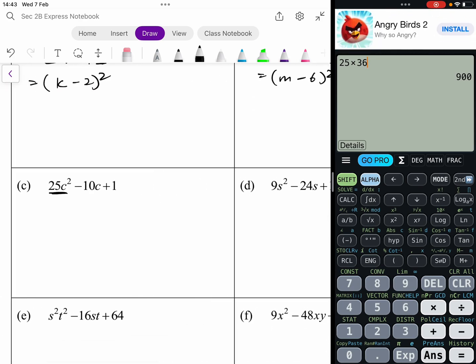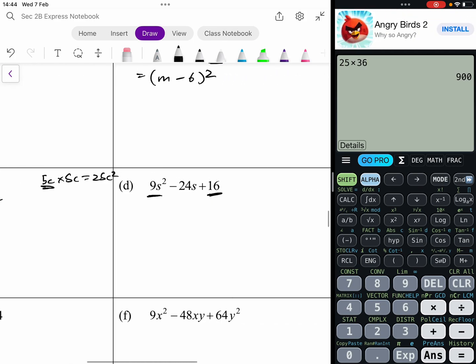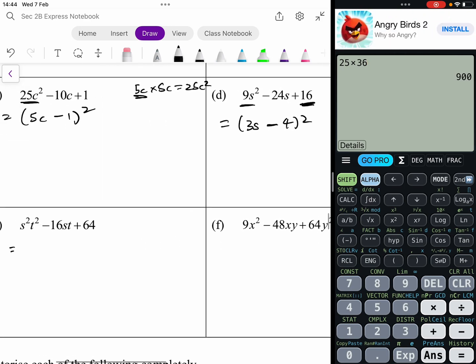25c squared is 5c times 5c, right? So the square root is 5c, minus 1, squared. Likewise from here, square root of 9 is 3s, minus square root of 16, 4, squared. Here, s squared t squared is (st) squared.